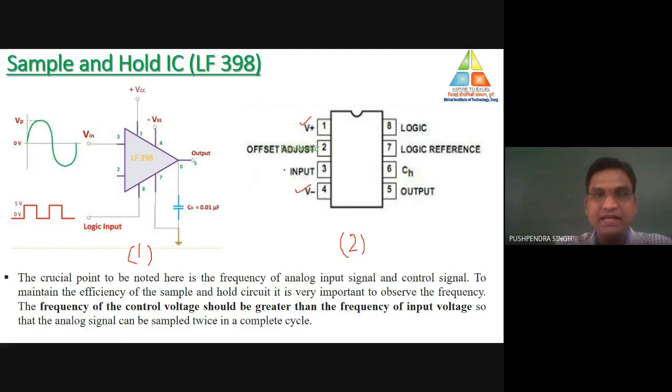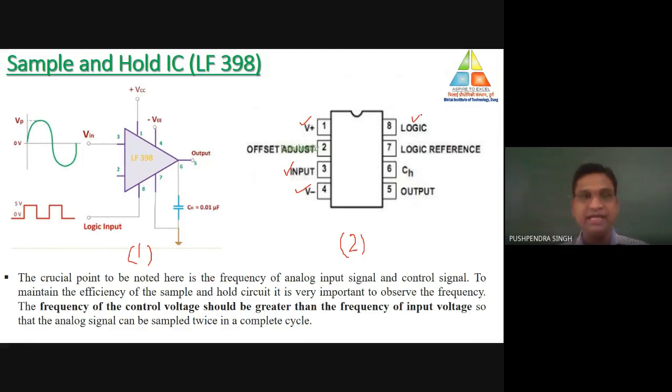With the help of pin number 3 and pin number 8, we can give the input. Pin number 3 is used for the input analog signal, input sinusoidal signal, variable signal. If we want to supply some signal into the sample and hold circuit, that signal must be applied with the help of pin number 3 only.